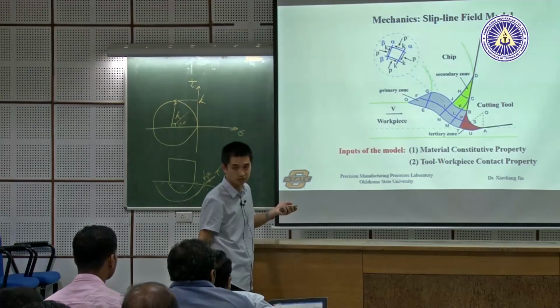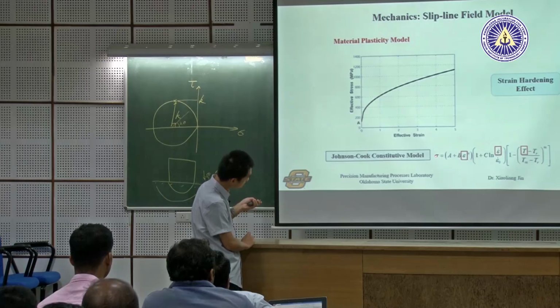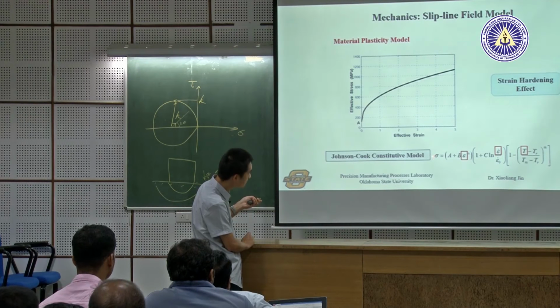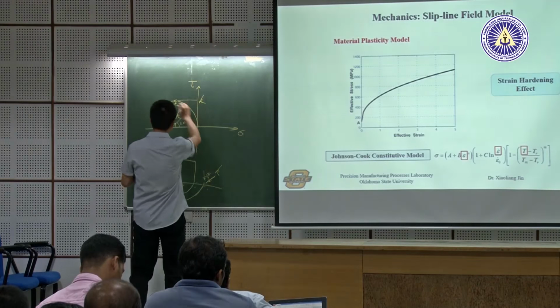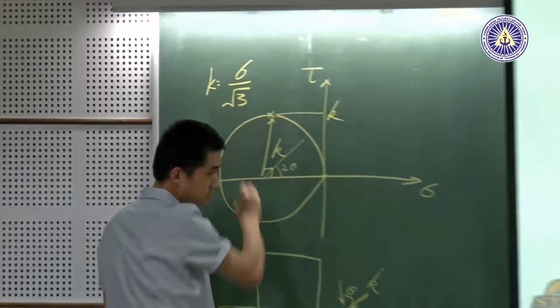So based on the material property, there's a well-defined model which we call the Johnson-Cook constitutive model. This model describes this sigma, which is the flow stress. There's a relationship between sigma and k: k is always sigma divided by the square root of 3.